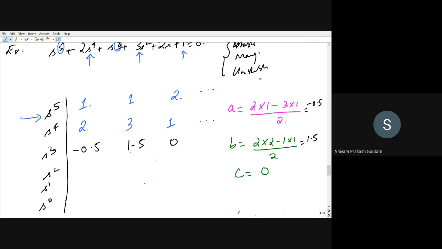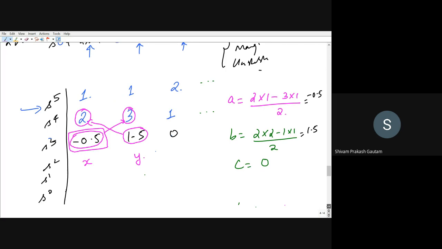Now for the next row, how can we fill it? Again the same pattern will be there. That means this term multiplied by this term minus this term multiplied by this term, whole divided by this term, that is minus 0.5. So let us say this is x and this is y.